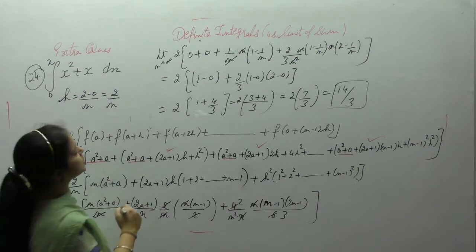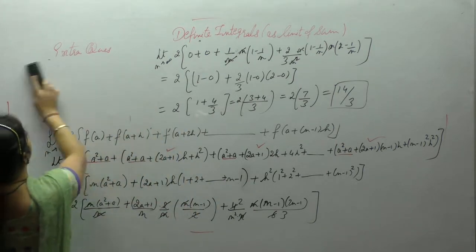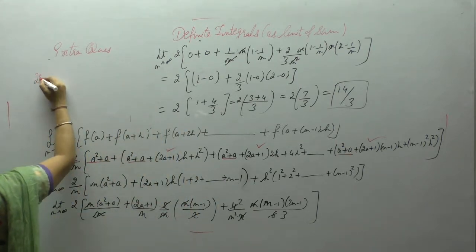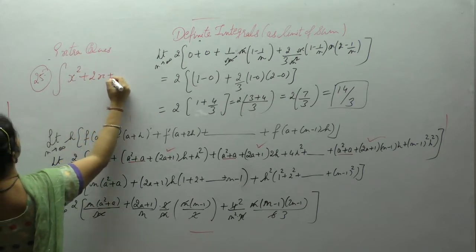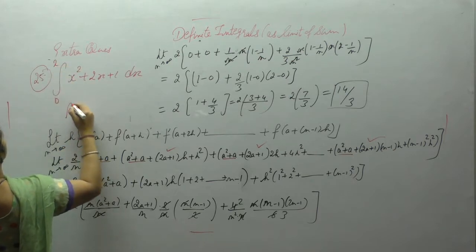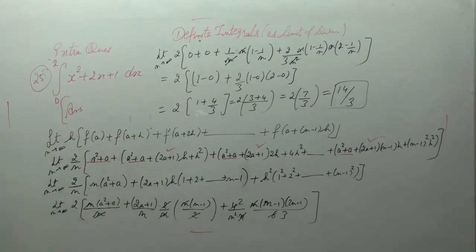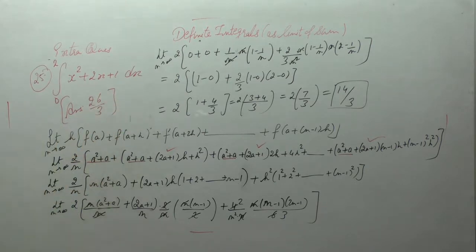Now the next question is the integral of x square plus 2x plus 1 dx, limit going from 0 to 2. Try it by yourself and its answer is 26 by 3.